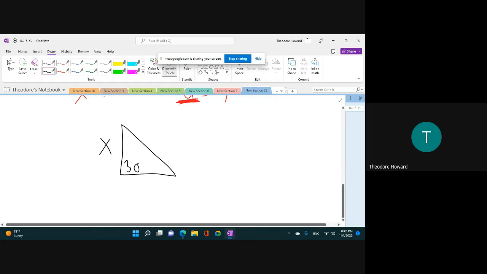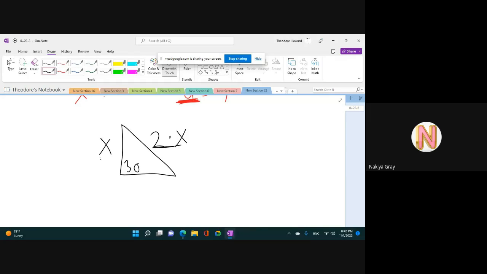What's going to be on this side right here? If this is x, what's going to happen here? It's going to be times 2, so that's 2 times x. And then here, what is this going to be?